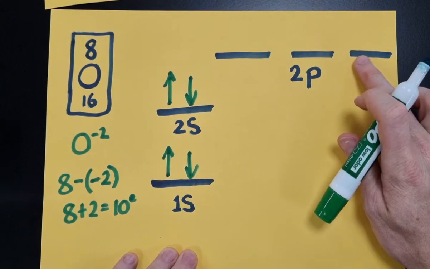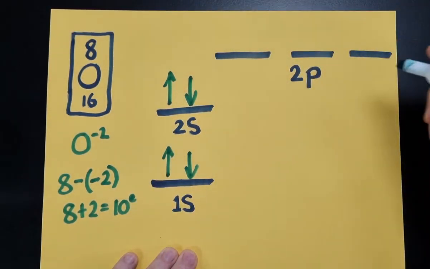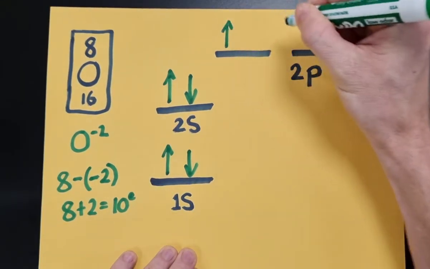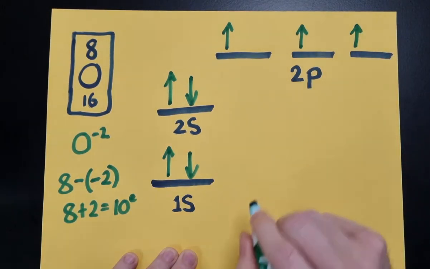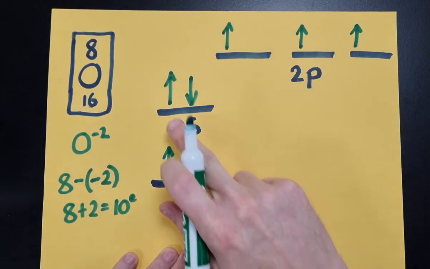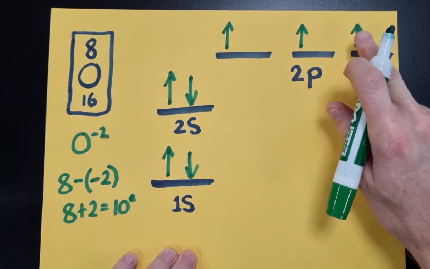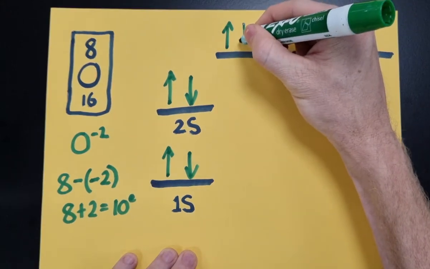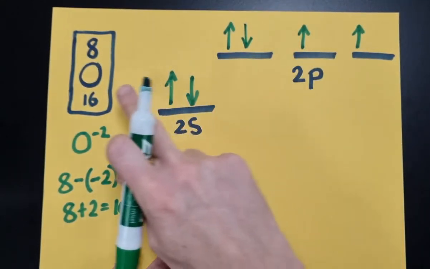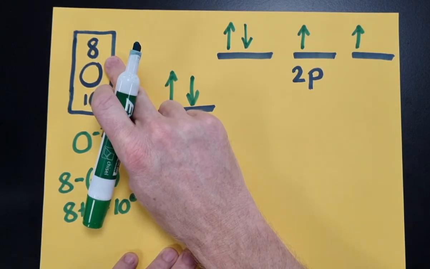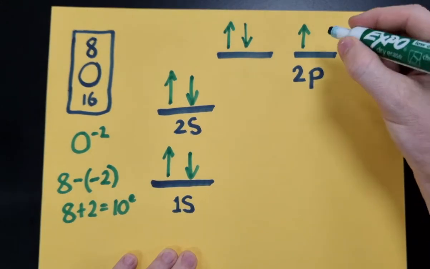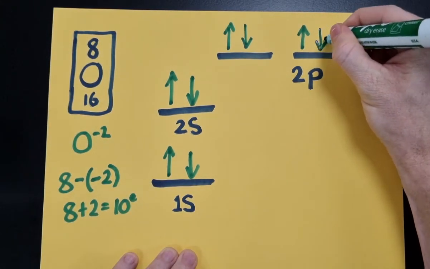Now we reach our P level. Remember, our P has all of them going up first before we can come down. 1, 2, 3, 4, 5, 6, 7, 8. And this is where we would stop if we have a normal oxygen atom, but because we've got the ion, we've actually got 2 more that we fill in.